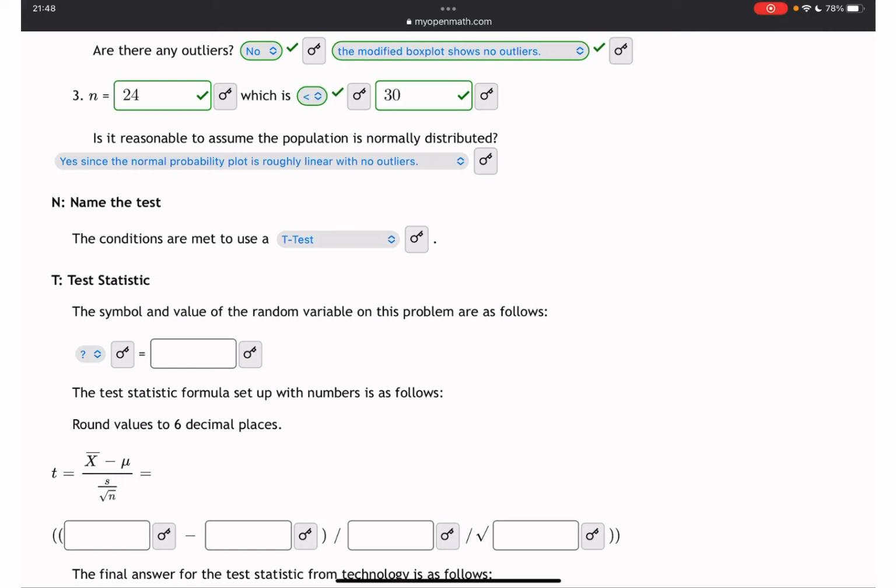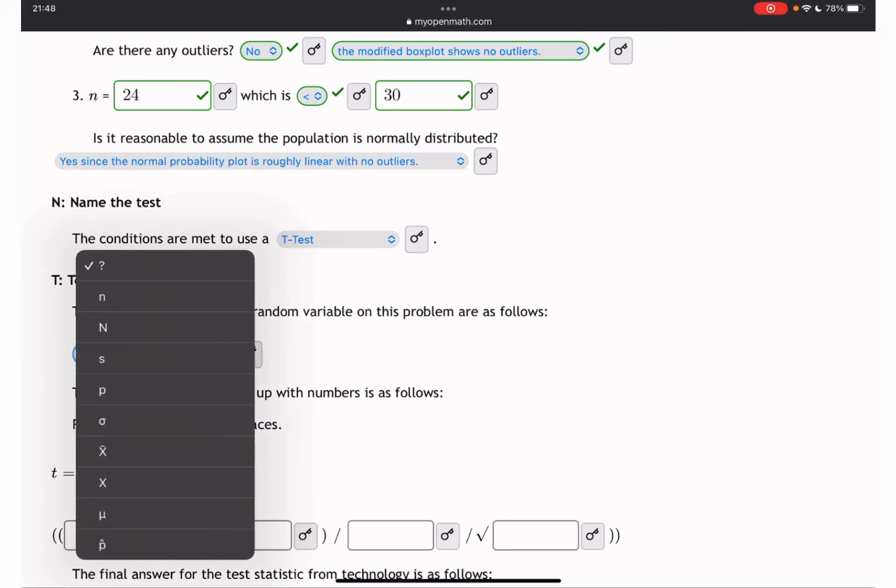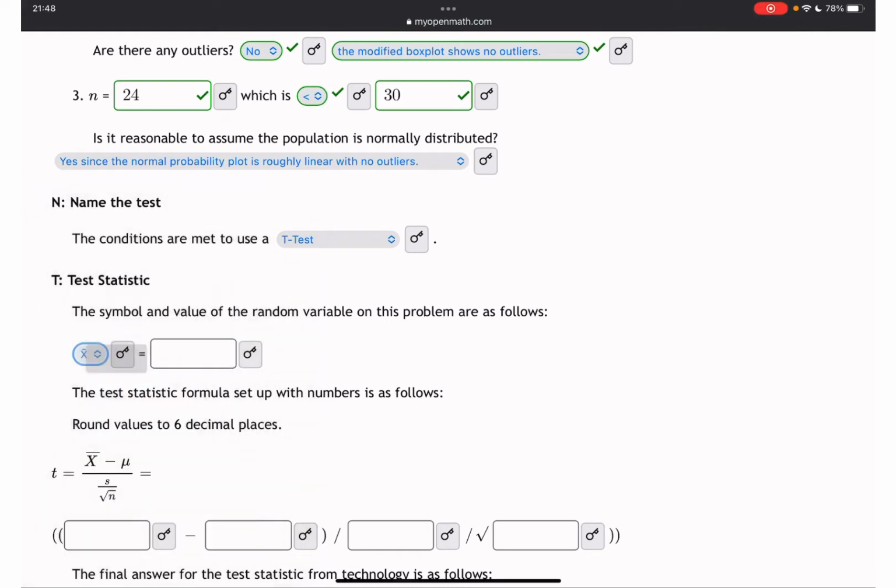So, the symbol and value of the random variable in this problem are as follows. Since our hypothesis test is about mu, a mean of the population, the test statistic we are doing is for the mean of the sample, x bar.